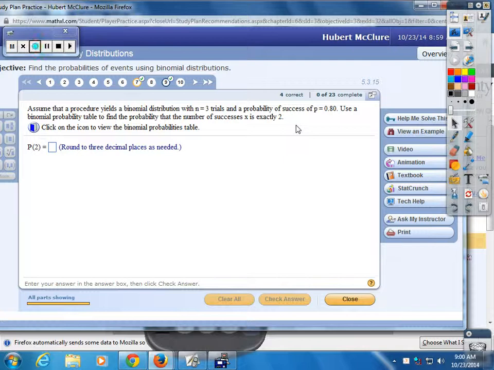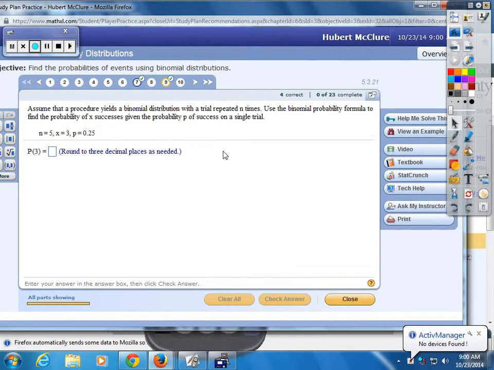This is based on probably 1. They want to know what it is based on 2. Okay. So you see, I could put 3 or 4 of these on a test. You should get them right.